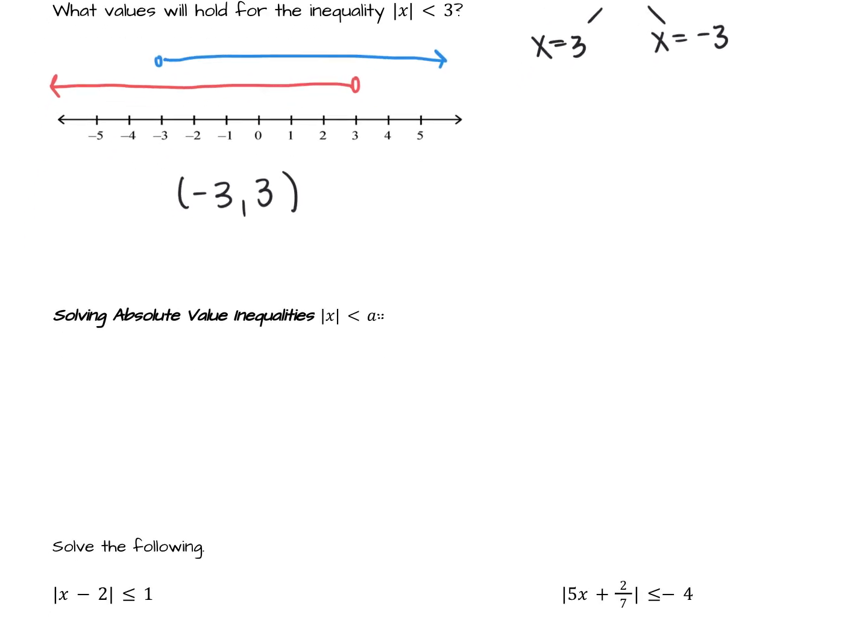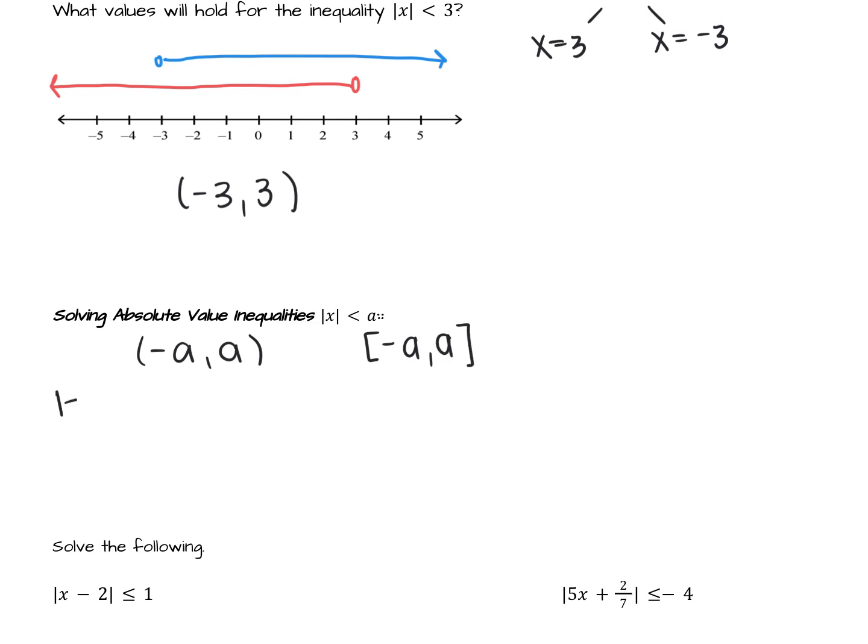So when it comes to solving absolute value inequalities, if the absolute value of x is strictly less than a, my solution is from negative a to a. If it were less than or equal to, it'd be bracket negative a to a.